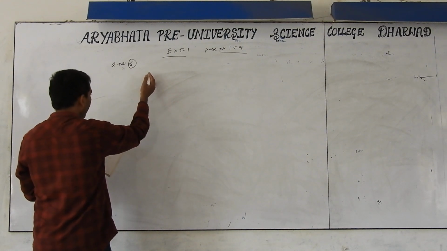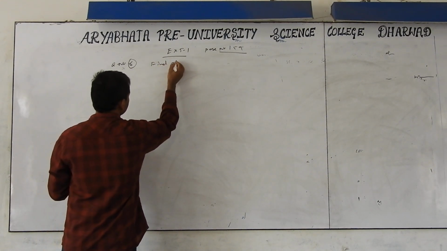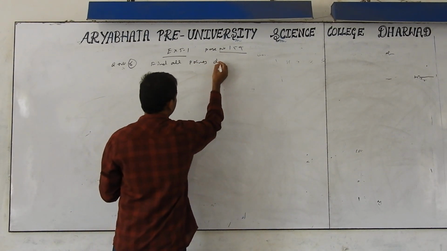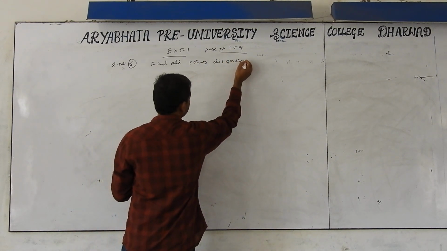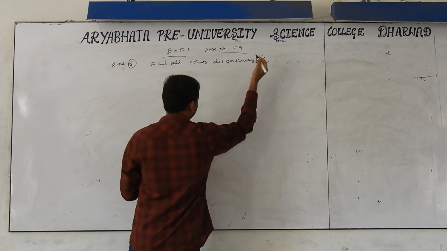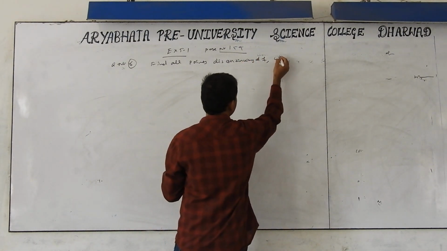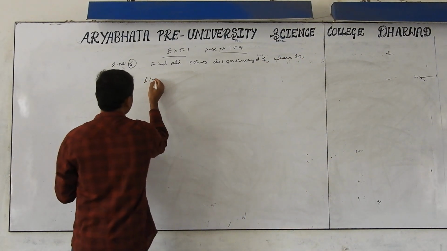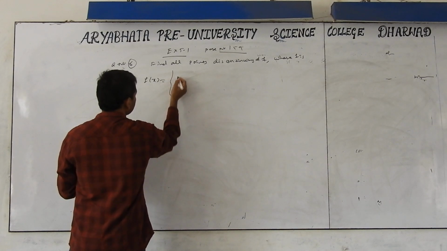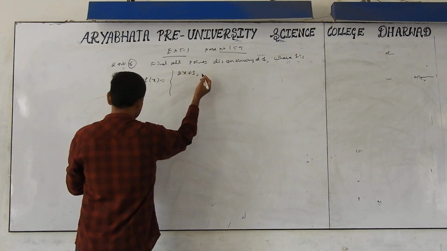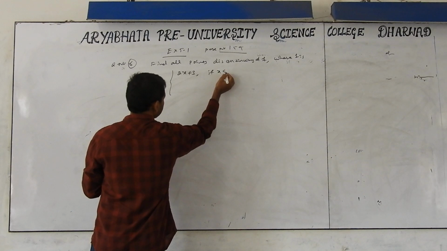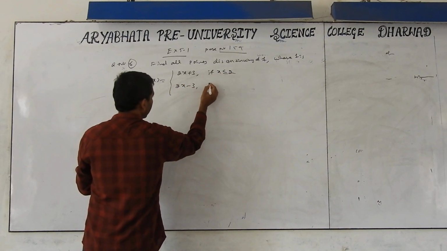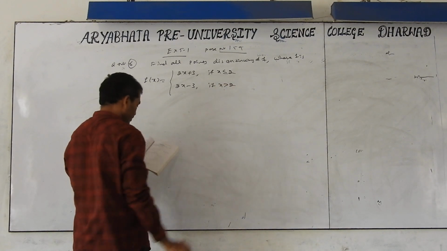Find all points of discontinuity of f, where f is defined by f of x equal to 2x plus 3 if x is less than or equal to 2, and 2x minus 3 if x is greater than 2.